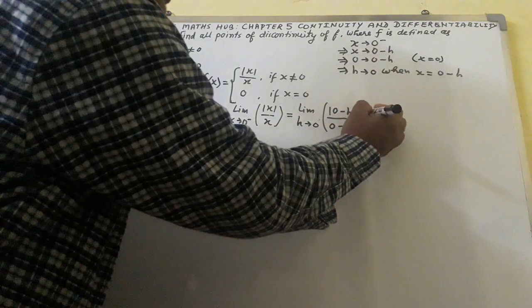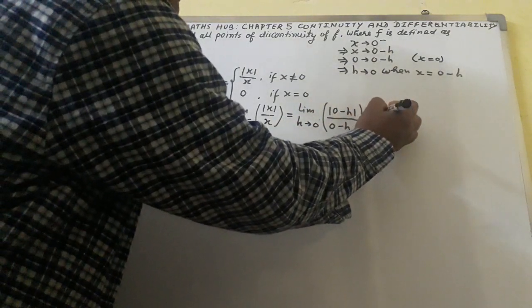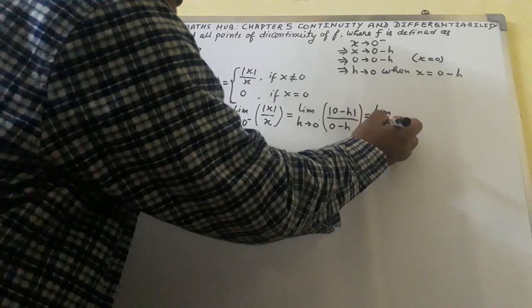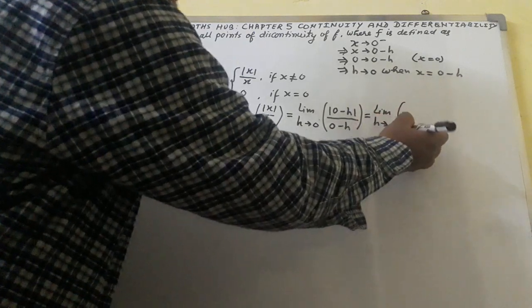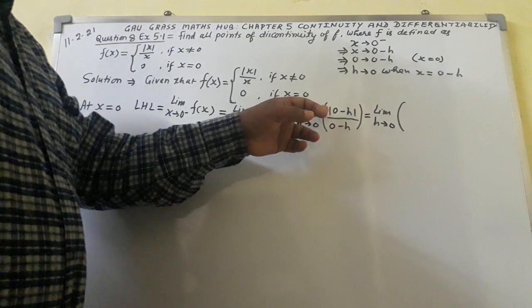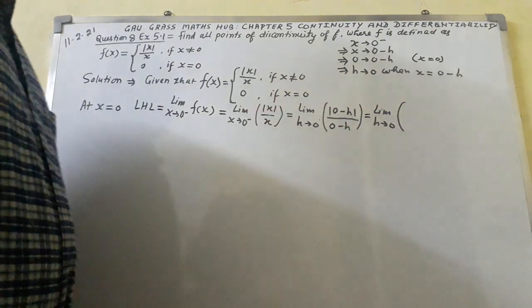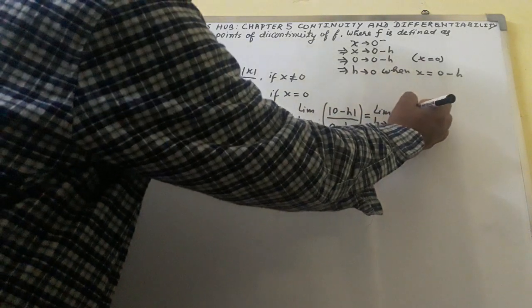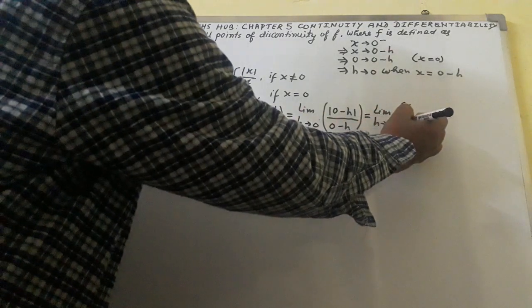So I should write the limit as h tends to 0 of mod 0 minus h over 0 minus h. Mod of 0 minus h comes out to be h, over 0 minus h, which is minus h.